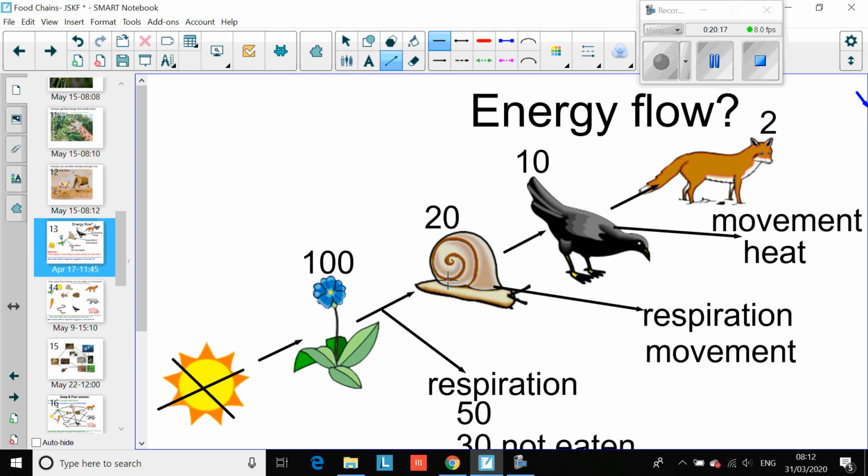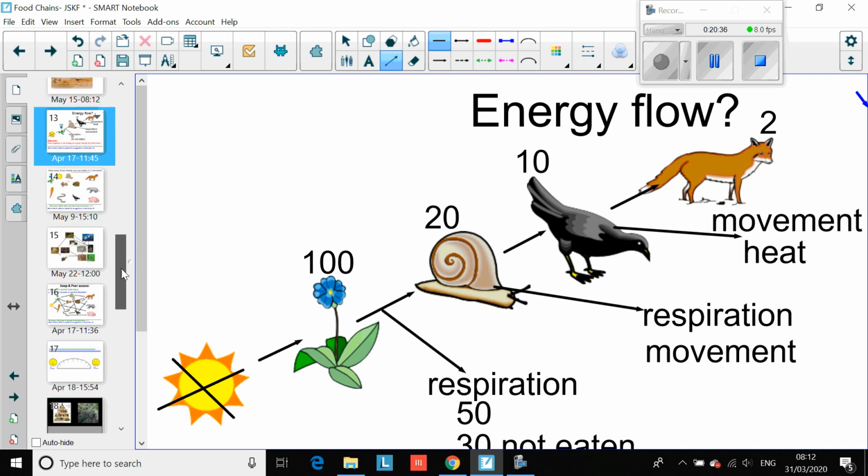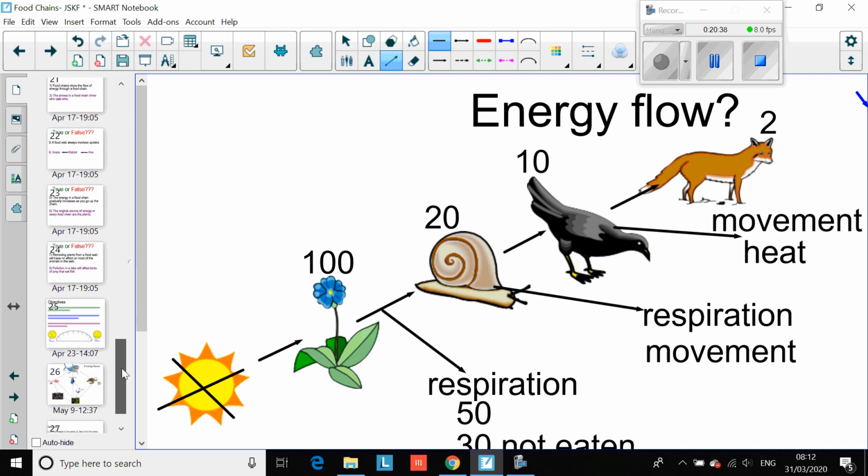And because he eats lots of plants, there'd be lots of pesticide in him. He would then be eaten by the bird, and that pesticide might build up in the bird, and then the bird would be eaten by the fox, and so it builds up in them. So actually, pollution, chemicals from pollution, build up in food chains as you go up. It's a really, really difficult thing that people have to contend with.